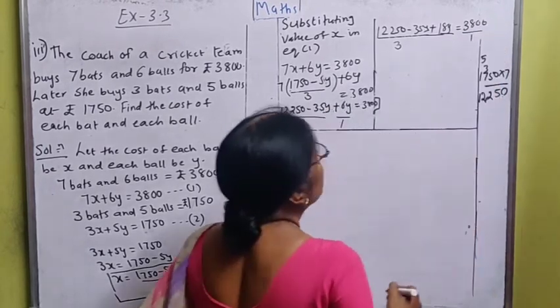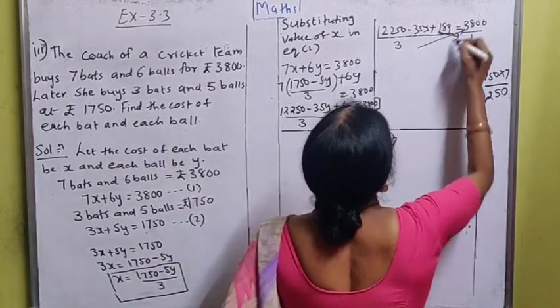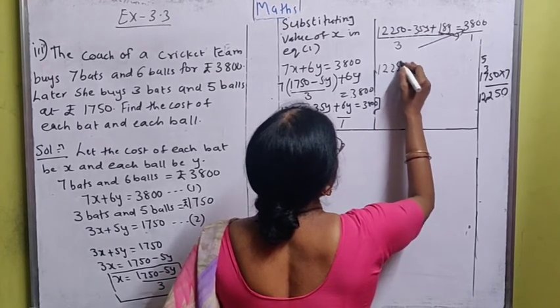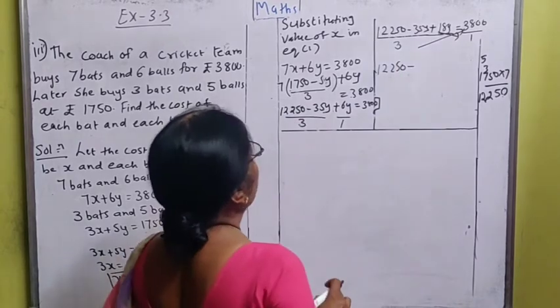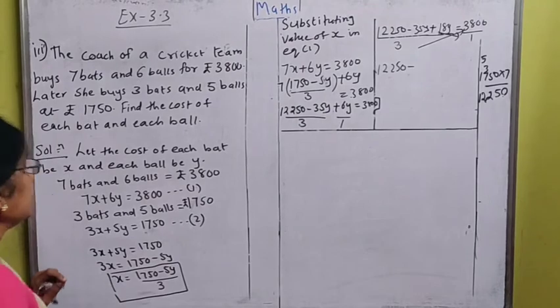3800. Nothing is there means 1 is there. So you cross multiply. What shall you get? 12,250 minus 35y, and plus 18y is there.